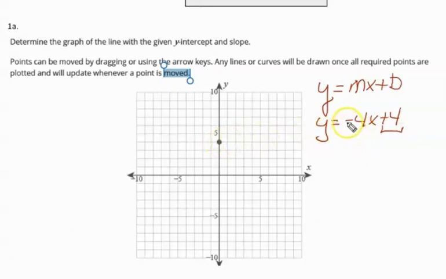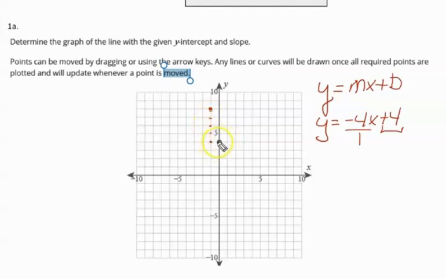Now, as we look at the slope, this is a -4/1. Since it's negative, we're going to move that dot over 1 here mentally, and then up 4. 1, 2, 3, 4. So there's our second point.